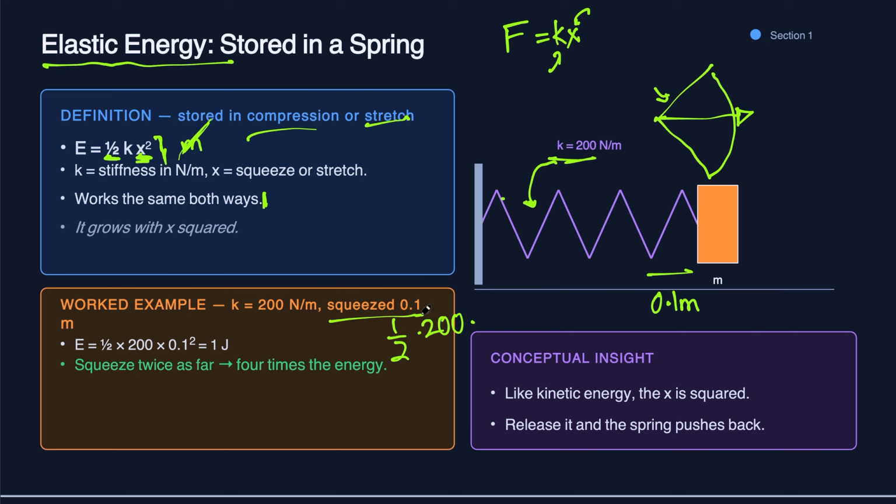If it's squeezed 0.1 meters, that means it's squeezed 0.1 meters from equilibrium. So that squared. Okay, so it's going to give you 100 times 0.01, or just 1. All right, 1 joule. So as you can see here, it depends more on how much you compress than the spring constant, similar to the mass and velocity situation of kinetic energy.